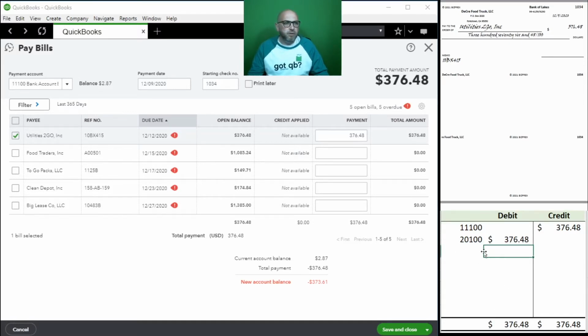Therefore, this liability has to be reduced, and liabilities are reduced when they're debited, right? So here we are, debits and credits are in balance. This amount right here is a credit to account 11,100, and it is a debit to accounts payable, 2,100. So save and close.